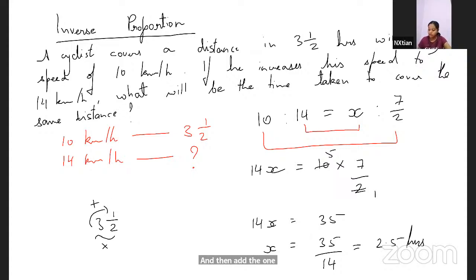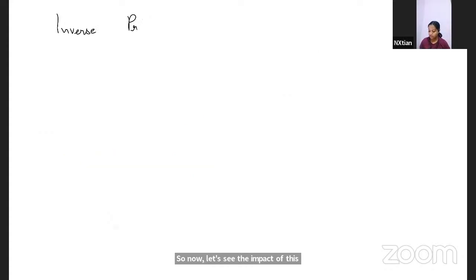So 2 threes are 6 plus 1 is 7. And take the same denominator, 2, which is also 3.5, right? Yes. So now, let's see the impact of this.